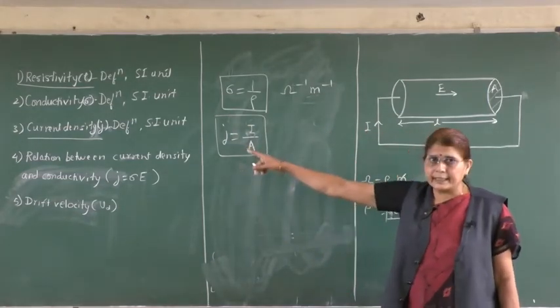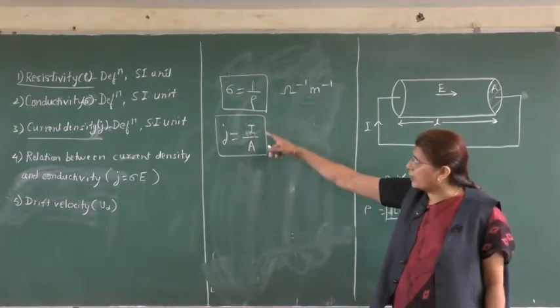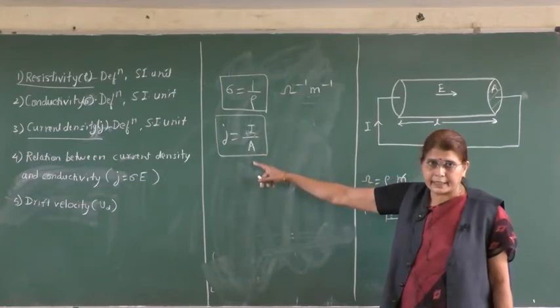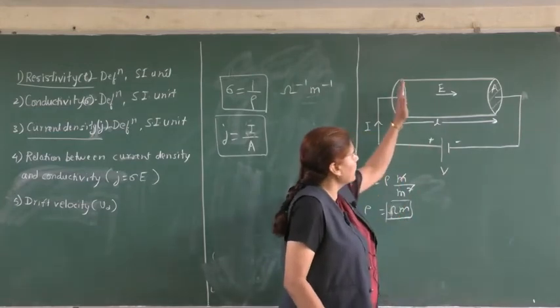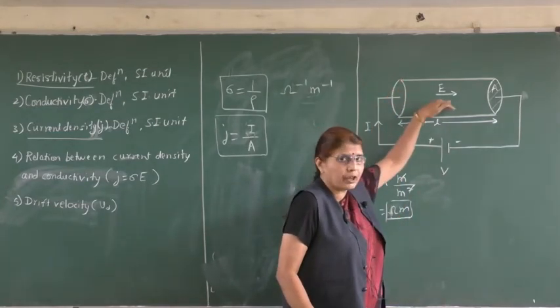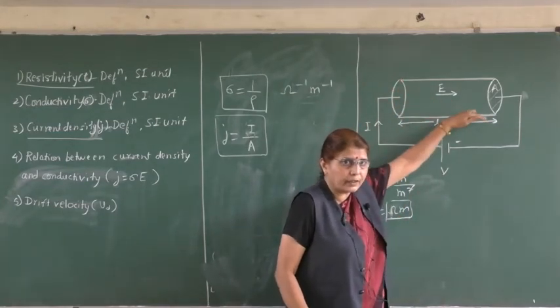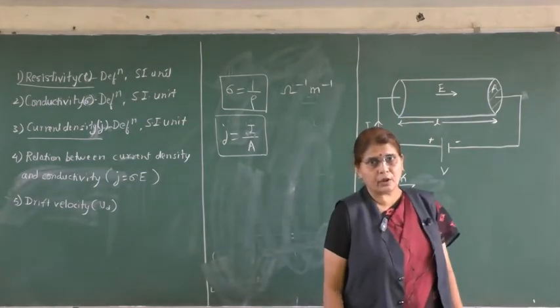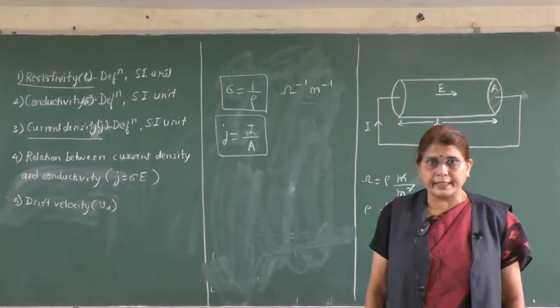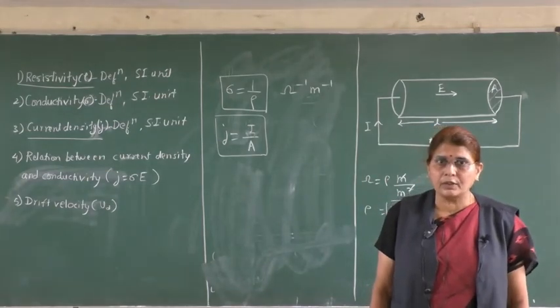Current density is current flowing per unit area. The area is always perpendicular to the direction of flow of current. Current is flowing horizontally, area is in the vertical direction. So there is a restriction on the orientation of the area. Area is always normal to the flow of current.